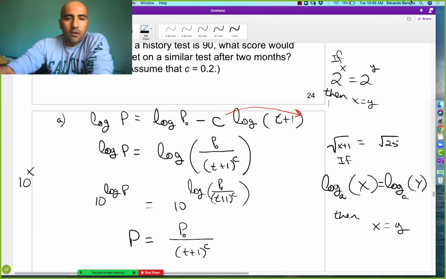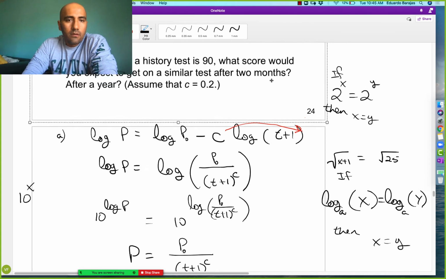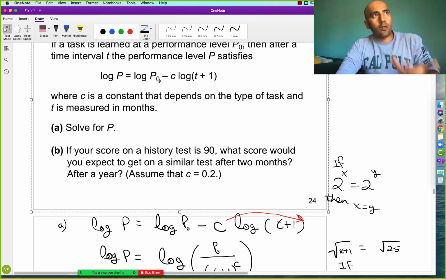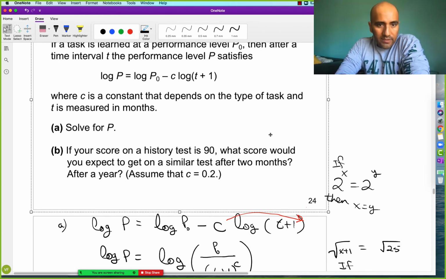Good. Okay, so part A said solve for p. We did that. Going back to this word problem, we have this weird expression that expresses the relationship between time and the retention of knowledge. So then part B says apply it.